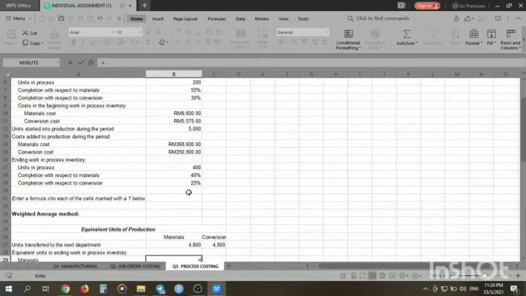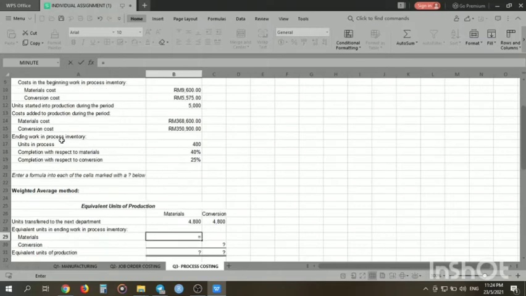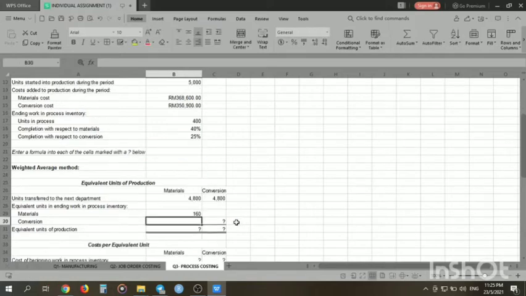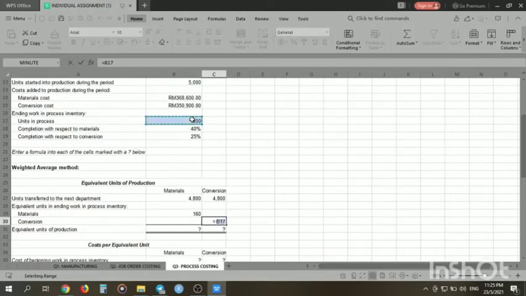For equivalent units in ending work in process inventory for materials, the amount should be units in process in ending work in process inventory times with completion with respect to materials 40% and equal to 160. For conversion, it's also the same.